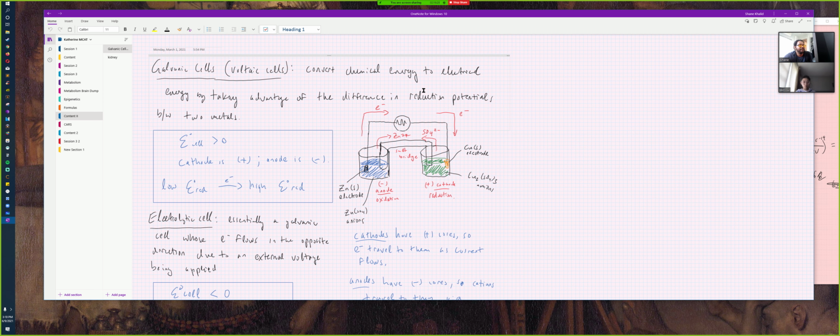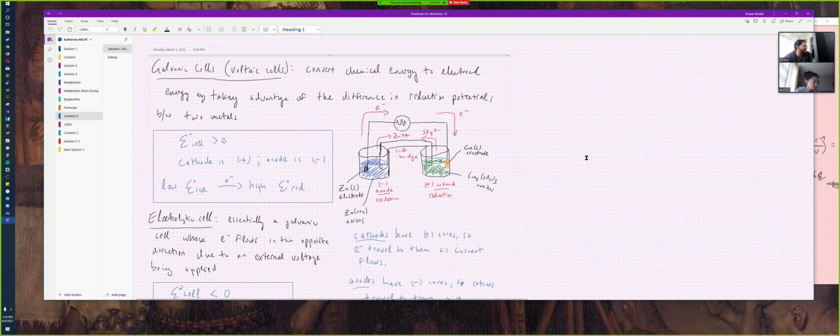And if copper is gaining electrons, it's going to be producing the sulfate anion. If this guy is losing electrons, the sulfate anion will go to it. And since this guy is gaining electrons, the zinc cation will go to it.